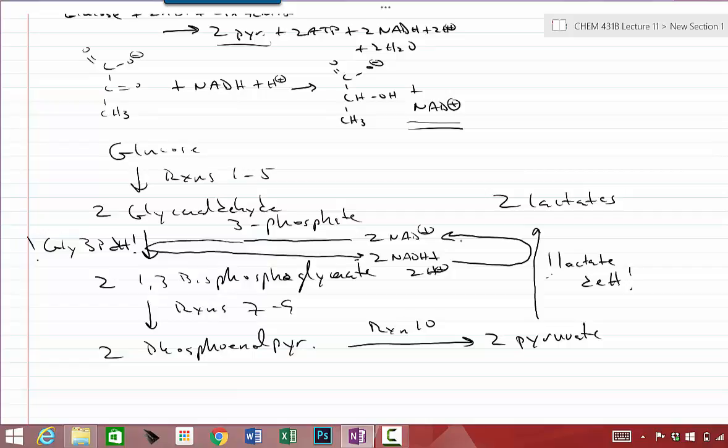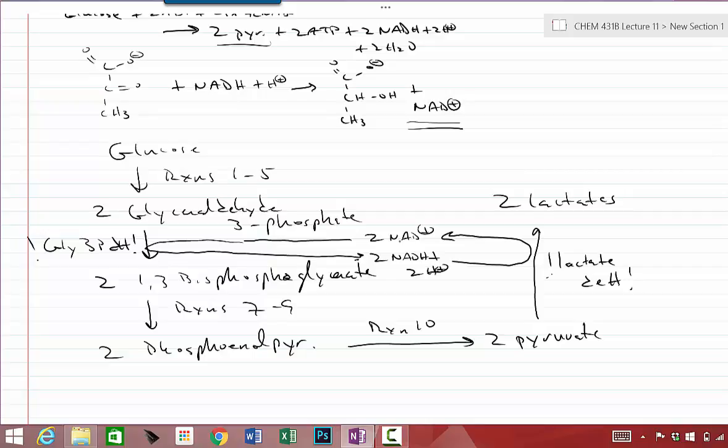And why do we need to do this? Well, in order for glycolysis to keep on going, you have to have a steady supply of NAD+. And NAD+ is limiting inside the cell. The cell doesn't have very much of this NAD+. It just doesn't retain that much of a pool of NAD+. So we've got to regenerate this. If we didn't have this ability, then we wouldn't be able to perform vigorous exercise, and we would be in trouble.